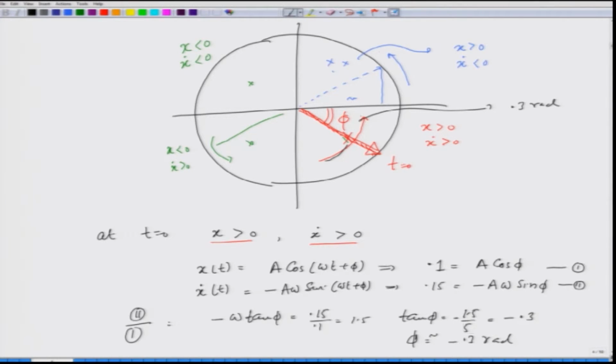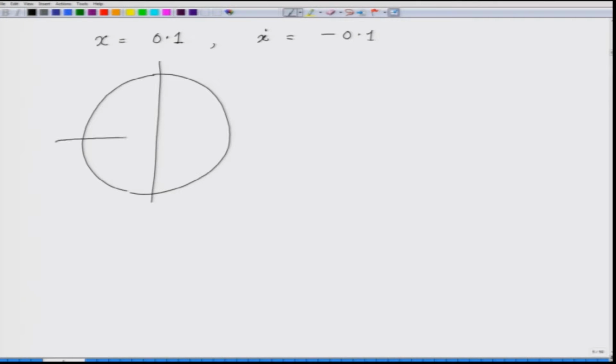You can keep trying other such combinations. For example, if I give you that x is equal to 0.1 and x dot is equal to minus 0.1, in that case, on the phasor, if I want to represent the motion as cosine omega t plus phi, the initial position will be somewhere here, and then the phasor will be moving to the left.